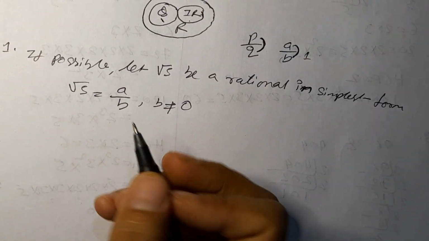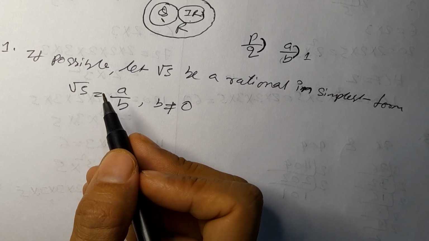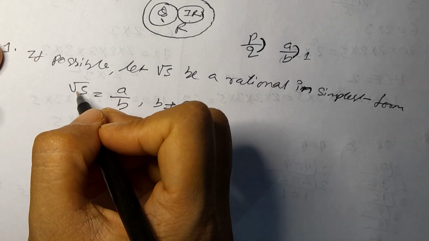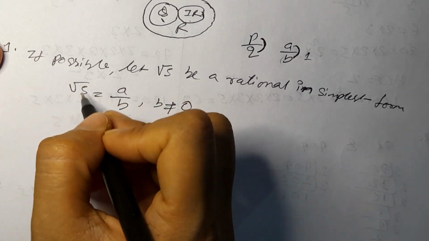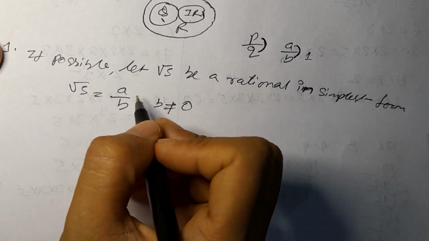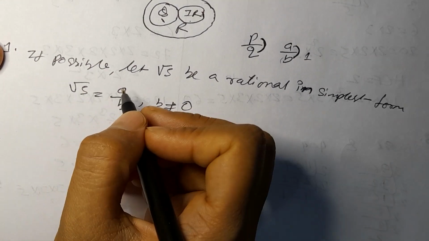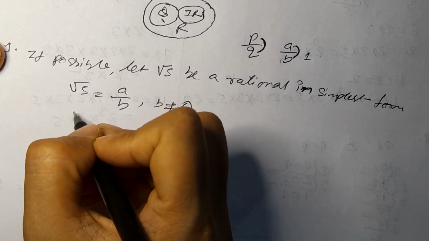Now we have to prove that root 5 is an irrational number. Our target is to remove the square root. For removing a square root, we square both sides.